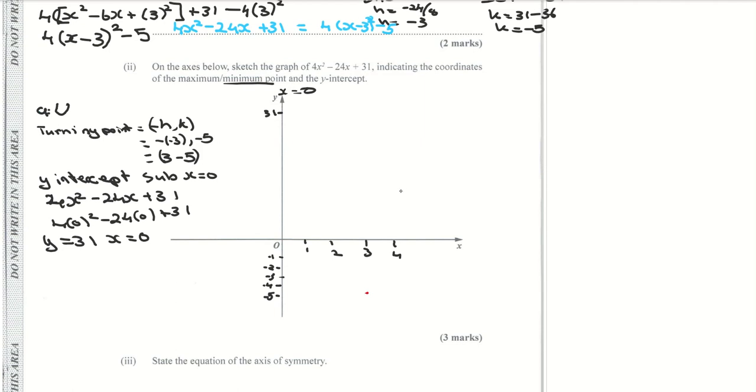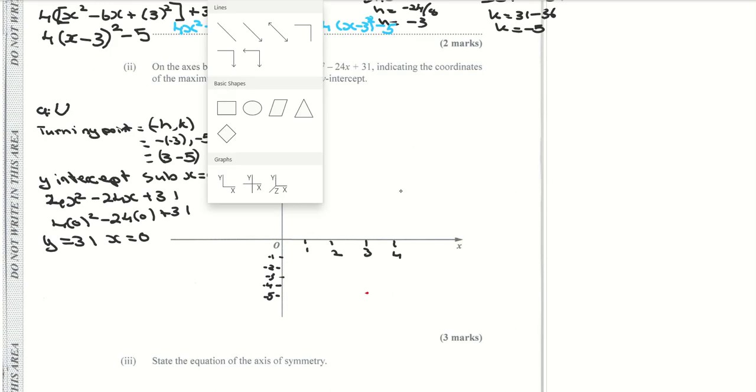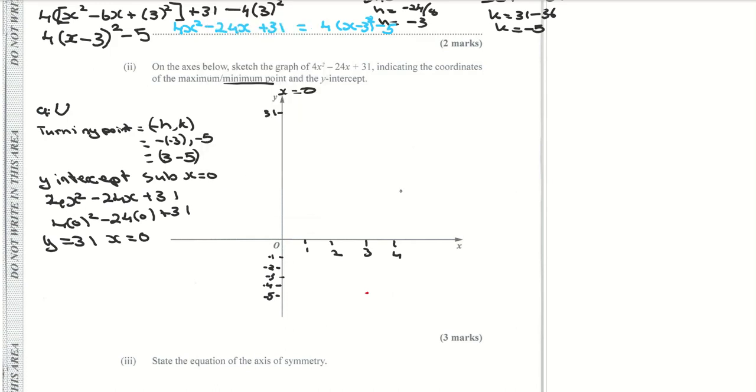When you are doing it exactly, you have your pencil, and you can do this very seamlessly in comparison to me.